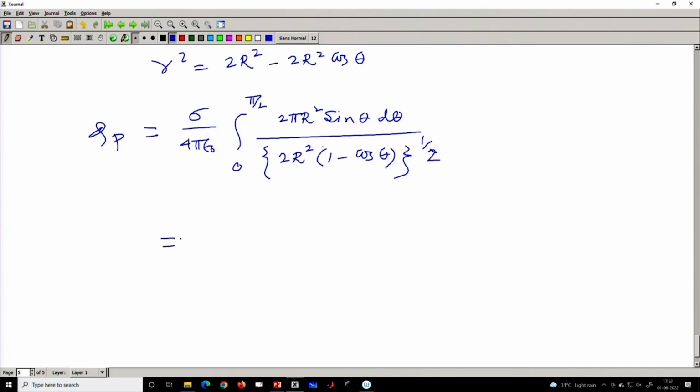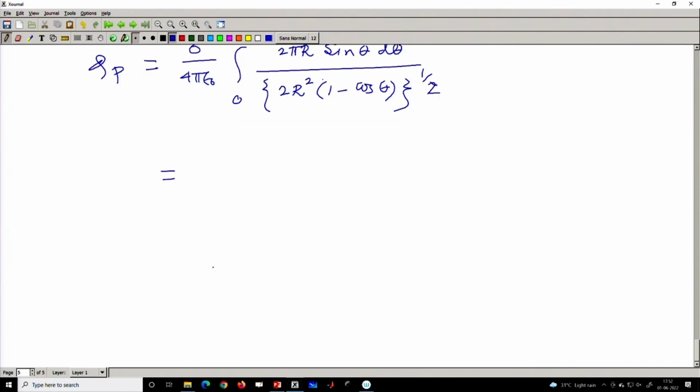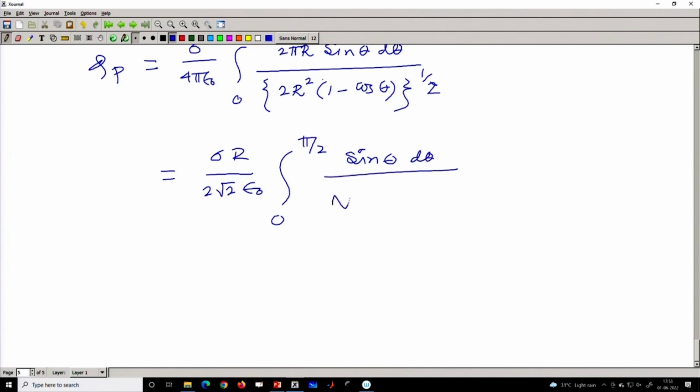So, simplifying this, we have sigma r divided by 2 root 2 epsilon 0, integral from 0 to pi by 2 of sin theta d theta divided by root over 1 minus cos theta.